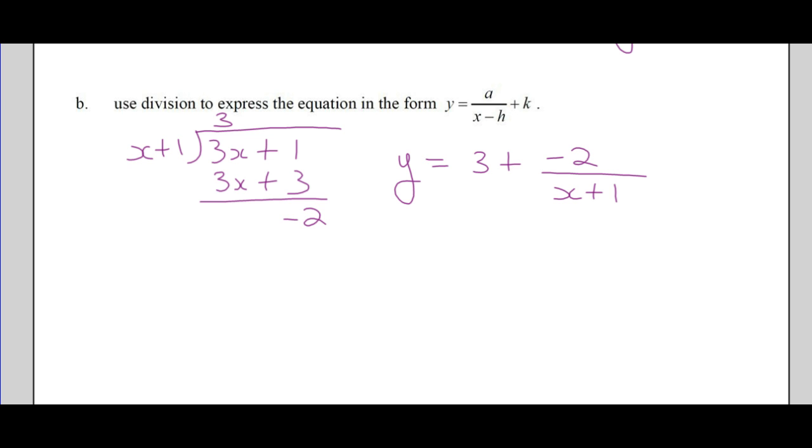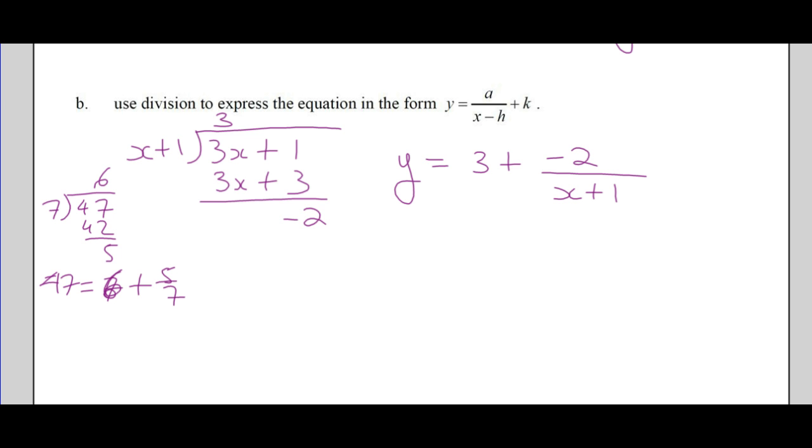Remember the old long division stuff? If we did 47 divided by 7, 7 into 47 goes how many times? 6, and it's 42, remainder 5. So that 47 over 7 is equal to 6 plus 5/7.